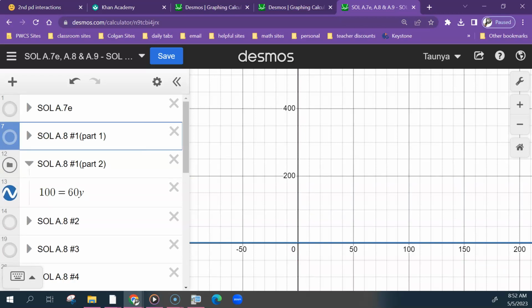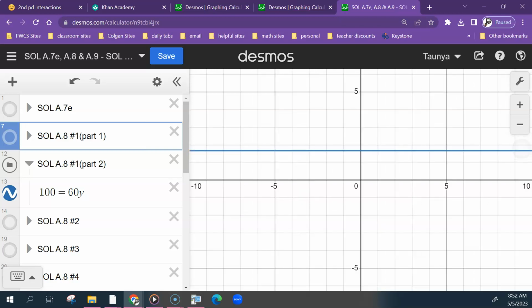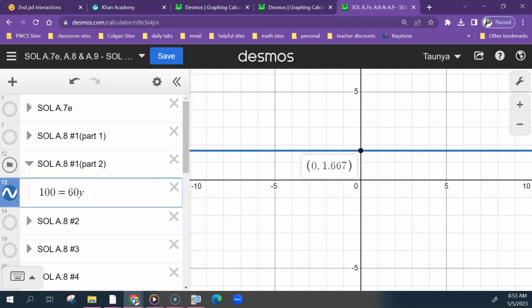Part 2, we were using the equation from part 1 to answer it. And if I put in the equation, I put in the numbers, it said about 1.6 repeating, which was about 2. But we'll talk about how to actually do that here in a bit.